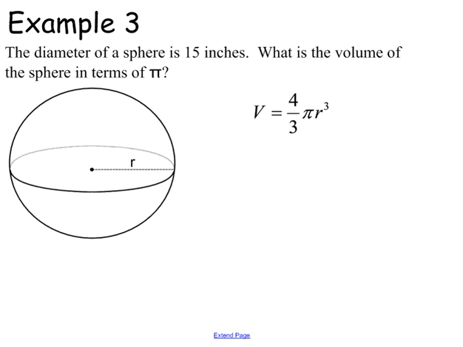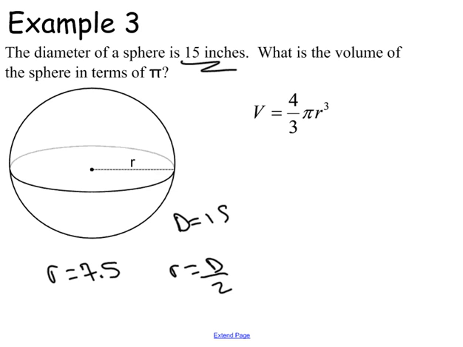So the radius is, of course, 7.5, not 15, right? The diameter is equal to 15. So if you want to get the radius, you got to divide the diameter by 2. So radius is 15 over 2, which is that 7.5 we got.